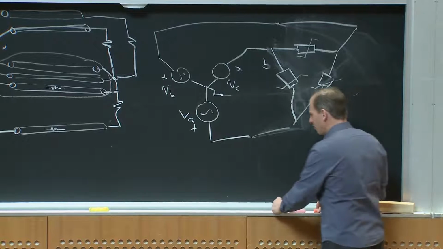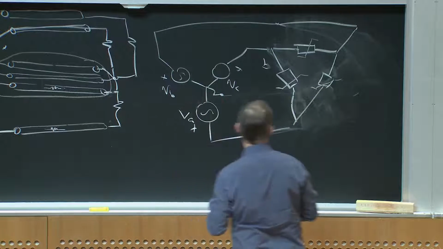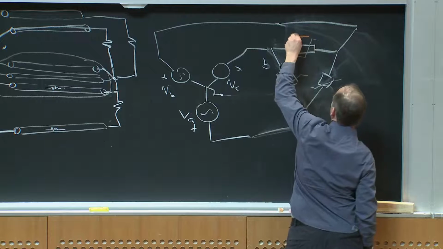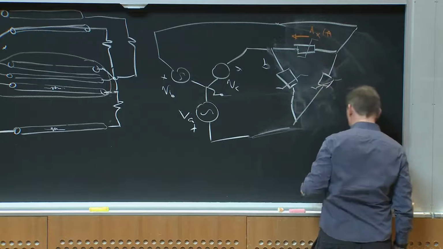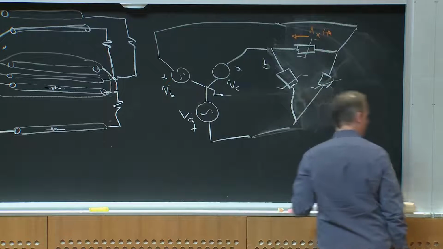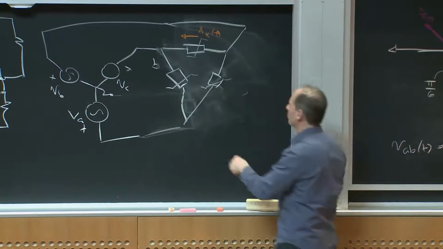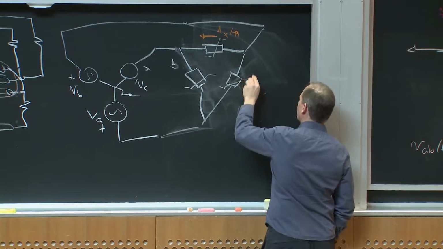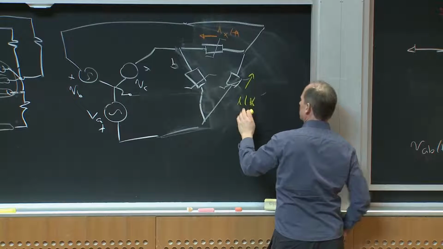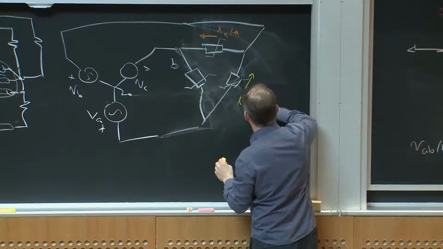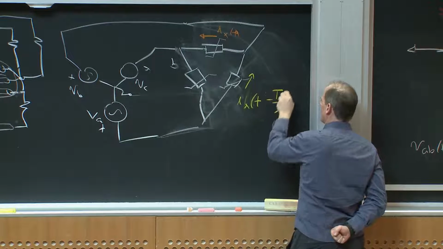what I'm saying is, if this were some current, I'll call it I_x of t, then this current, and I'm not keeping to my earlier color conventions, would be I_x of t minus capital T over 3.